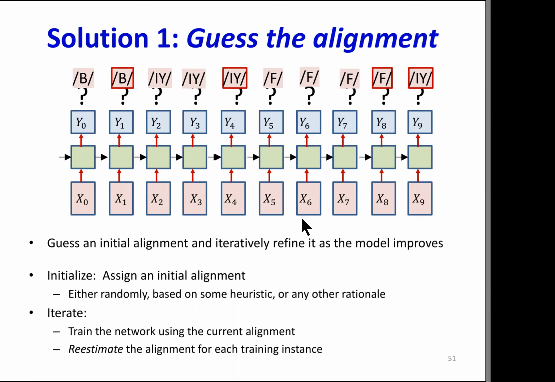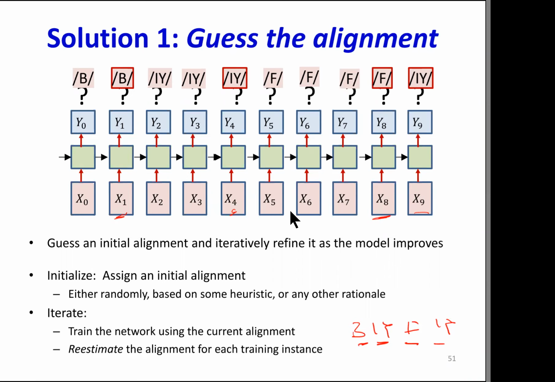So here, for example, I'm told that the word is beefy, right? So I'll start off by assuming quite randomly that the first B occurs at time 1, E occurs at 4, F occurs at 8, and the second E occurs at 9. This is an initial alignment. Now I'm going to train the model using this totally arbitrarily assigned initial alignment.